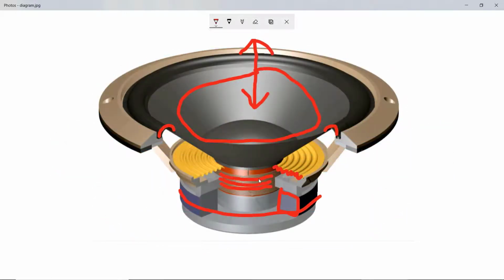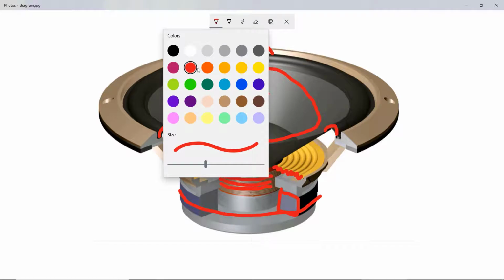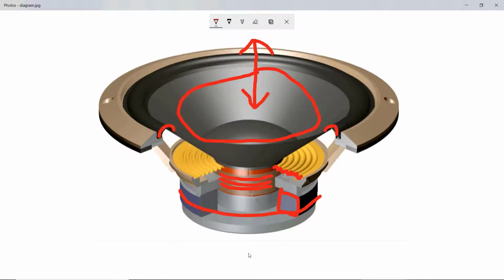Now, what's really interesting is that if the electricity flows in one direction, the magnetic field is aligned in a direction where this way is north.